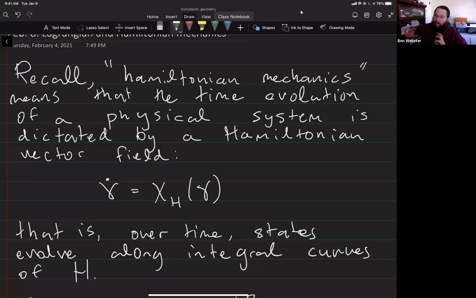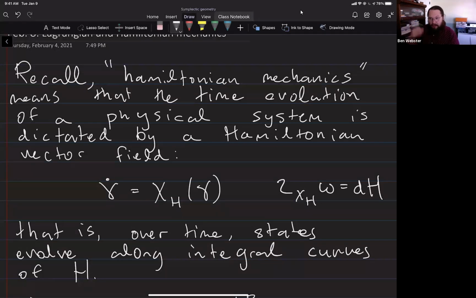So the way you go from an energy function, which tells you all the information about how your physical system evolves, to the actual time evolution, is this process of taking the Hamiltonian vector field. Remember here, X_H is defined by its contraction with the symplectic form being equal to the differential of the function h.